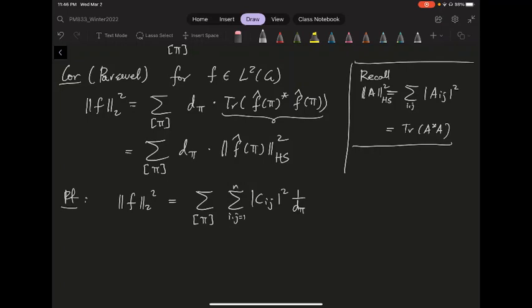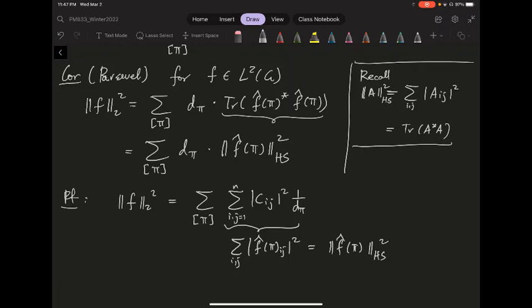Each of these Cij, when you scale it down by the d pi, is just the ijth entry of your f hat. So this double summation is essentially the summation of the ijth entry of f hat of pi, the whole thing squared. By definition, this is the Hilbert-Schmidt norm of your matrix f hat of pi. So this is the HS norm squared, and that's also given by the trace formula. So they're really the same.